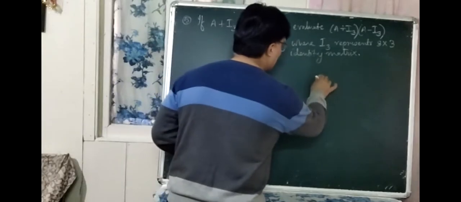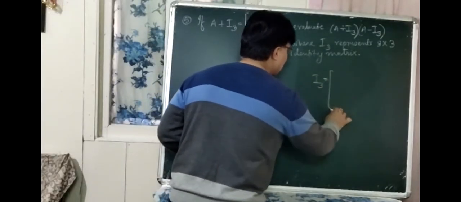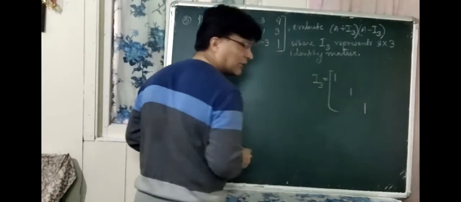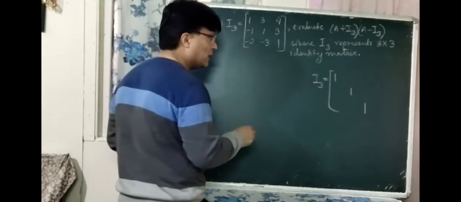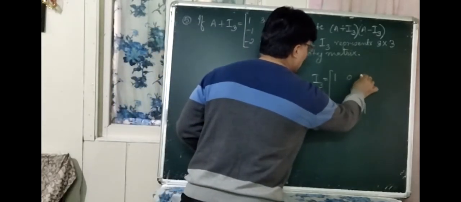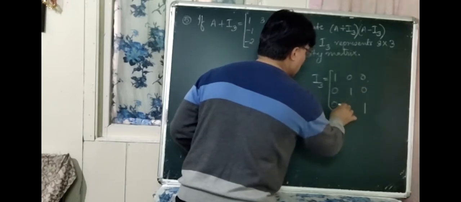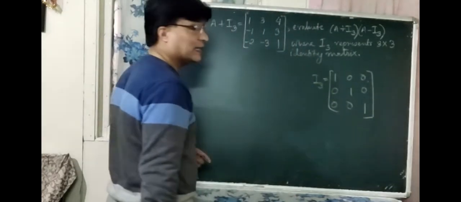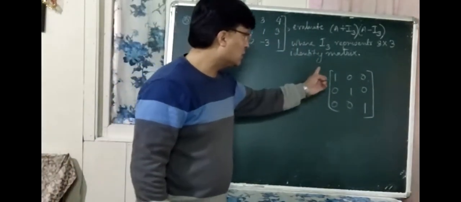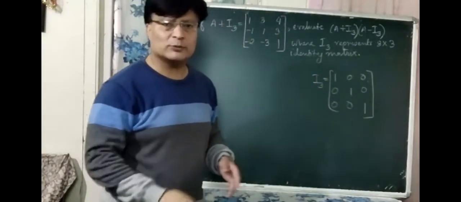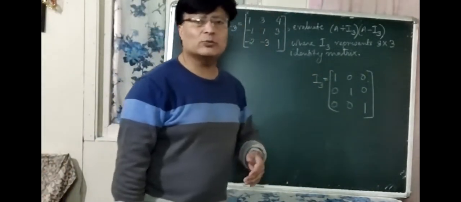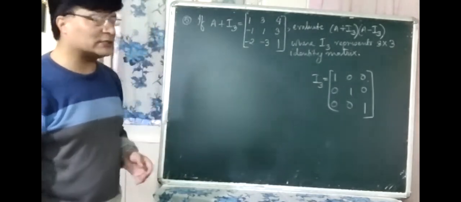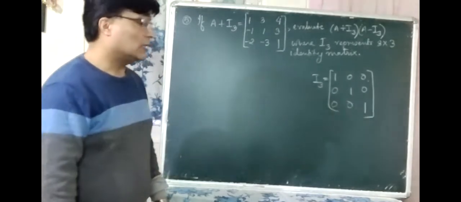That is, this is the leading diagonal 1, 1, 1. All the elements on it will be 1 and all other elements will be 0. This is known as the identity matrix of order 3.